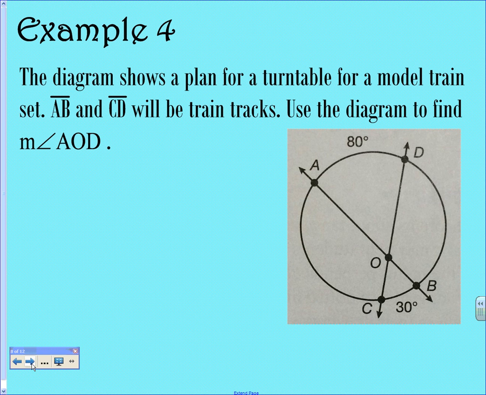The diagram shows a plan for a turntable for a model train. Do y'all know what a turntable is for a train? Like if you have all your tracks and you can twist it, so instead of making your train go this way, if you had another track coming over here and here, you could turn it so that your train would go here. Like it just turns the direction of your train.